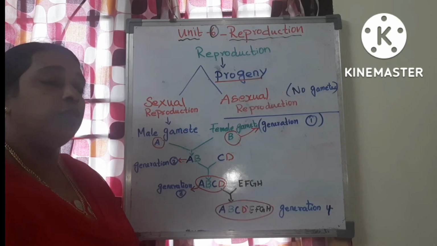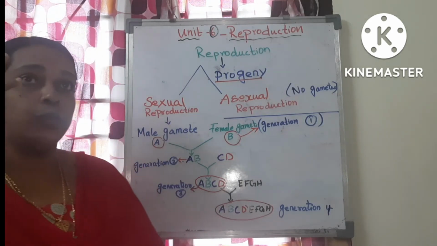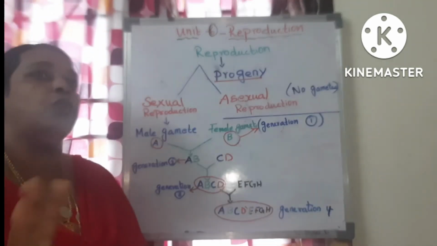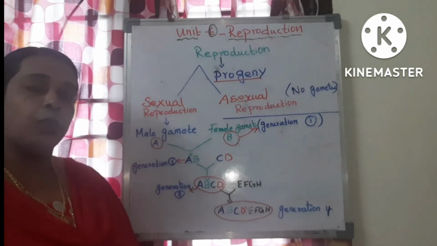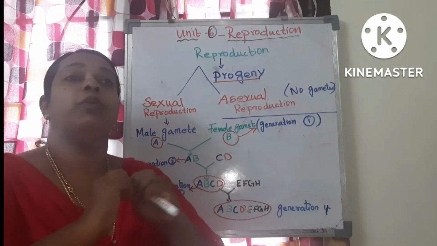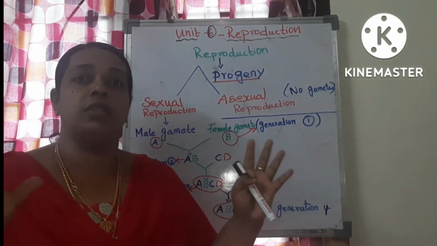If you think that there is no reproduction at all, that the reproduction process is not there on this Earth, what will happen? The population will diminish and there will not be any living forms on this Earth.